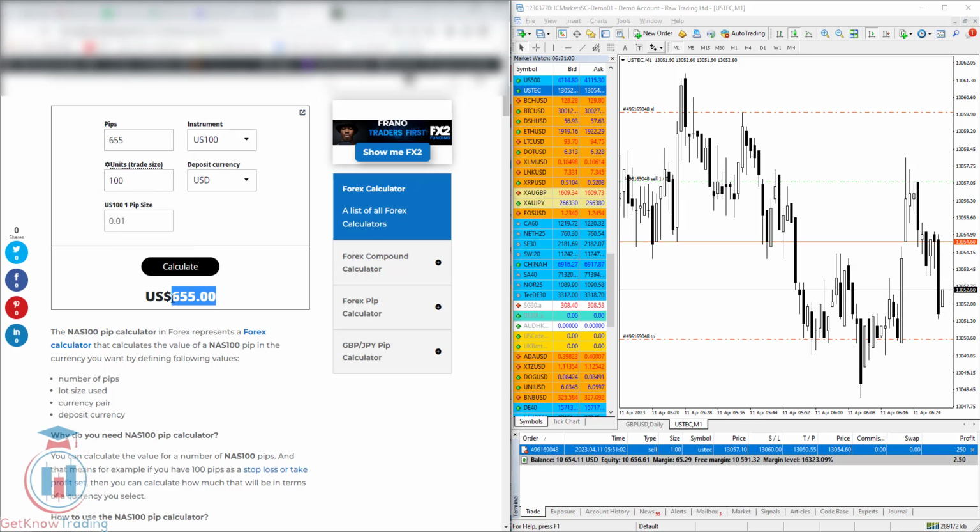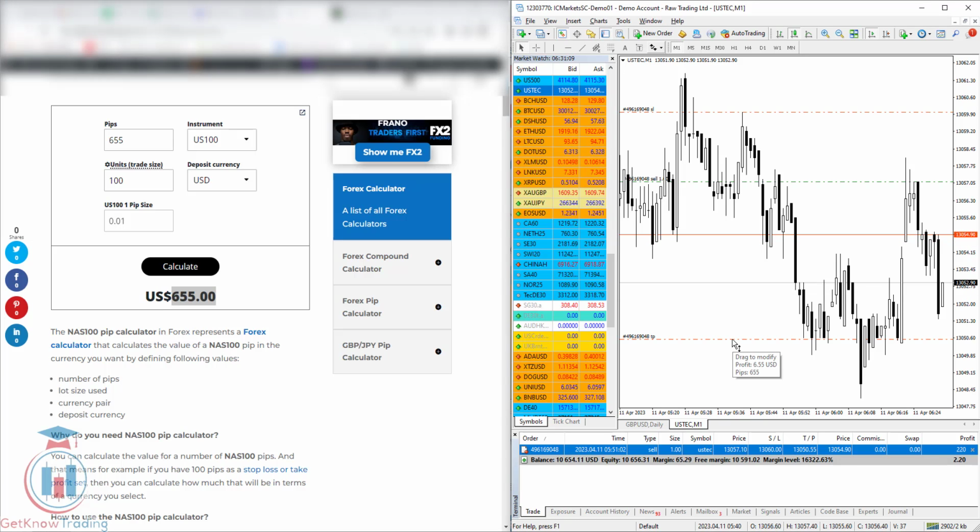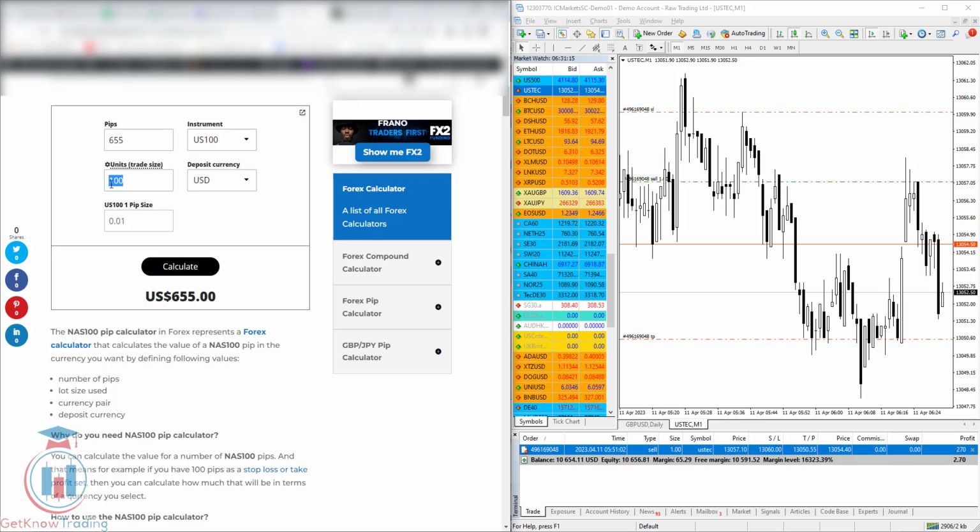So for example, for 655 pips of profit, in this case, this would mean $655 of profit. So simply by changing this unit size, you change the value of a pip. So as much as pips you have, you can calculate the profit or the loss for this trade.